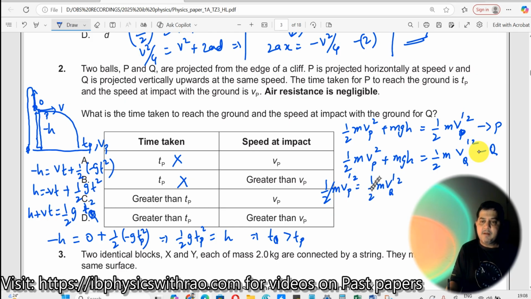Half m goes away, so vp dash is equal to vq dash, which means the speeds of both particles at the ground, whether you throw it horizontally or vertically upwards with the same velocity, will be the same. So that's the right answer. It should be Vp only. Thus the answer is C, because I have marked it out here.